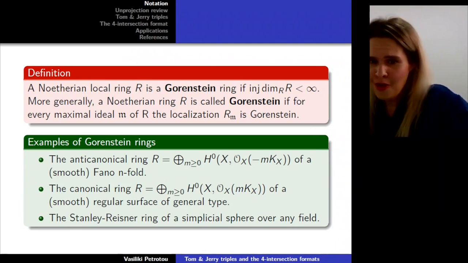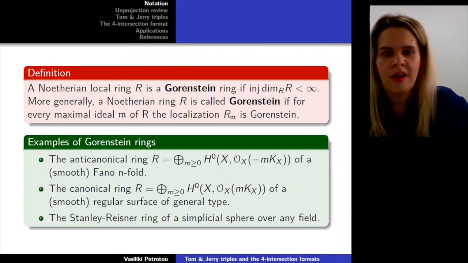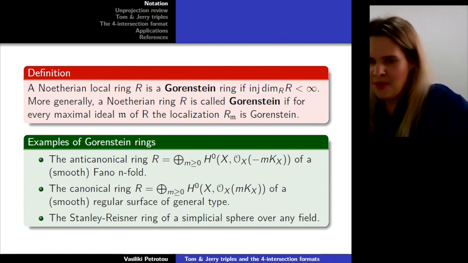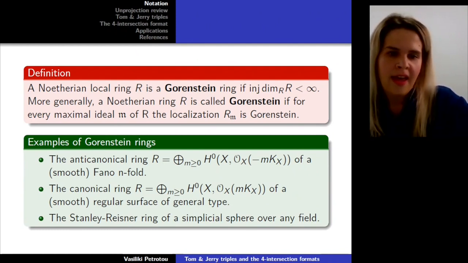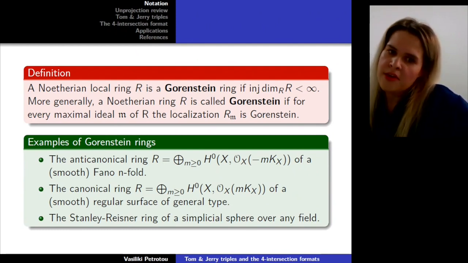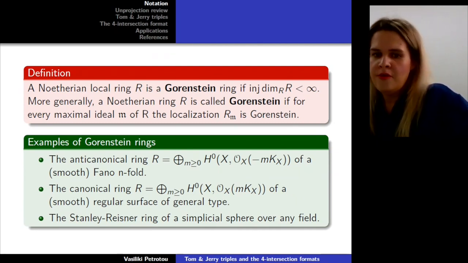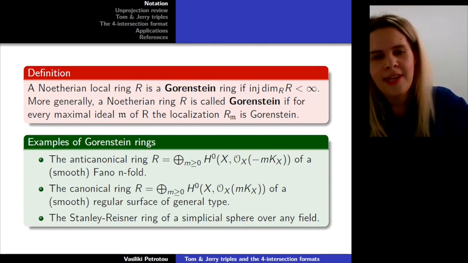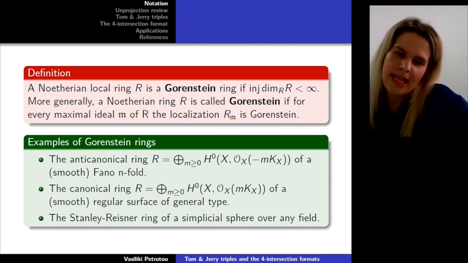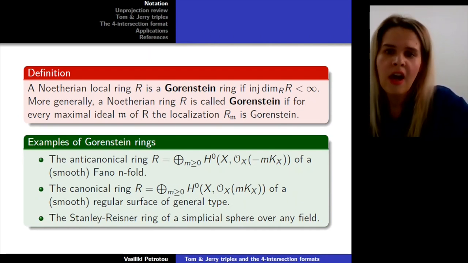In what follows in the talk, I will try to construct this type of rings. The canonical ring of a smooth regular surface of general type, and also from the combinatorial side of things, the Stanley-Reisner ring of a simplicial sphere over any field.